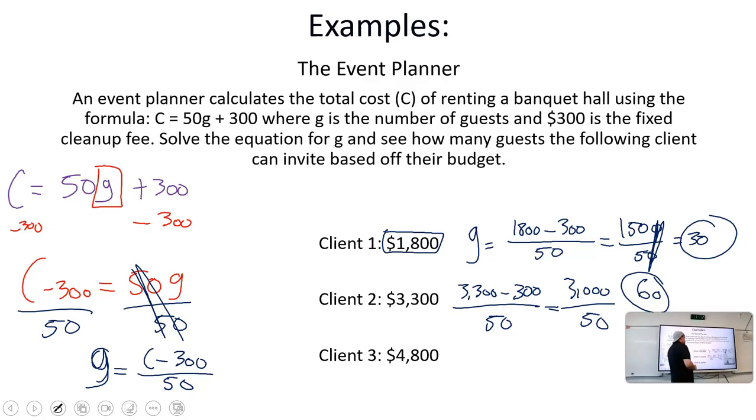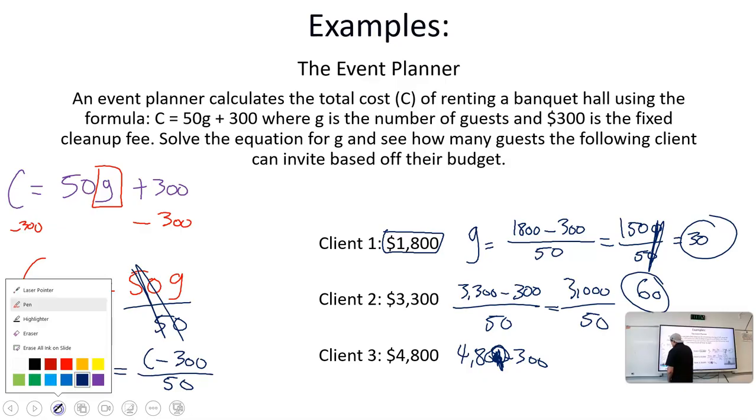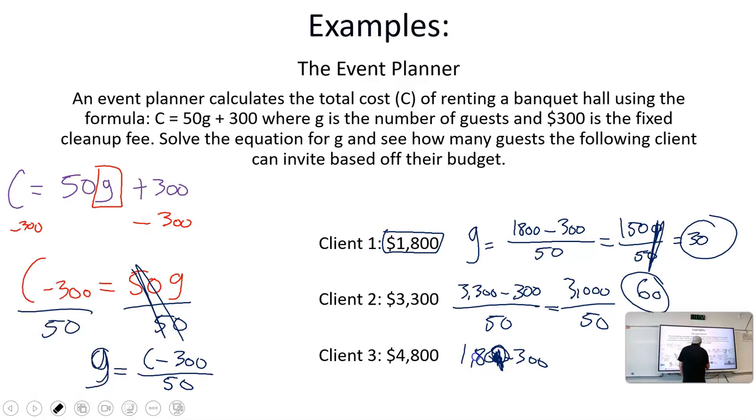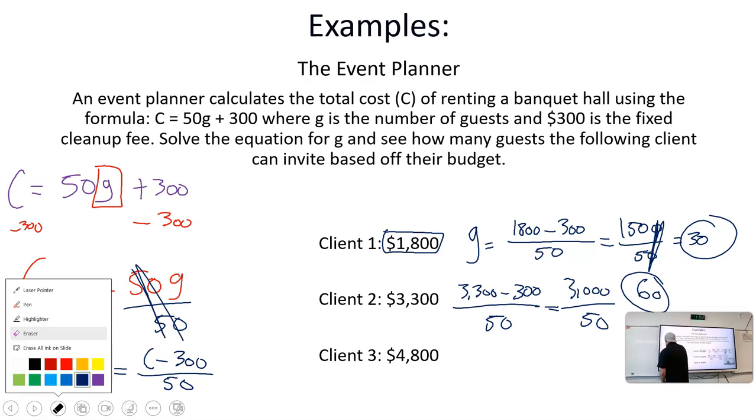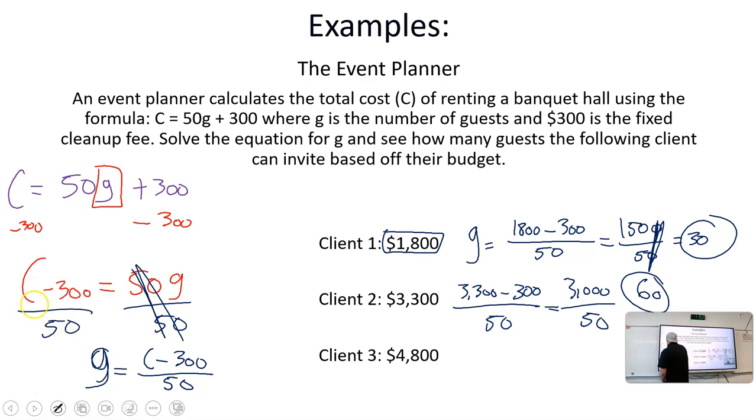All right, let's do it one more time. This time you have a budget of 4,800 minus your 300. Oops, yeah, that's right. Let's go back and fix that. So 4,800 minus 300 over 50.